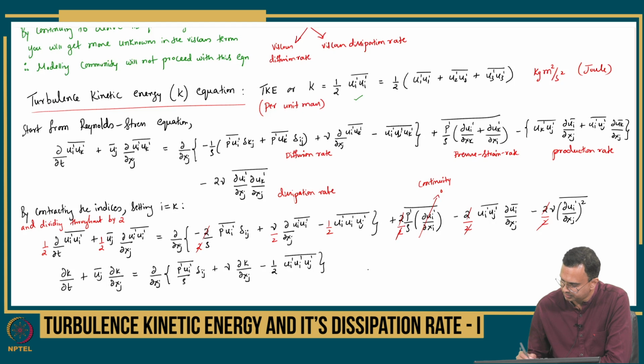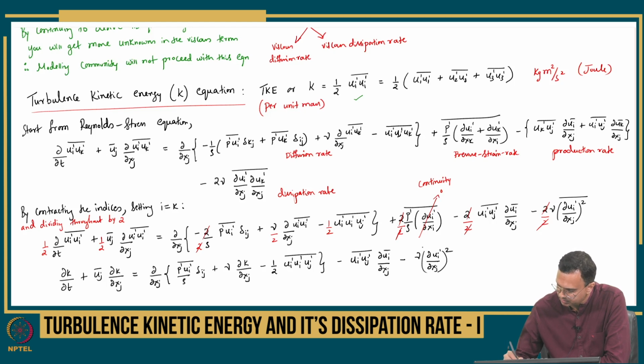This term is gone. So I have minus ui prime uj prime dou ui bar by dou xj. This is the production rate of turbulence kinetic energy, and then the dissipation rate of turbulence kinetic energy, dou ui prime by dou xj squared, averaged.